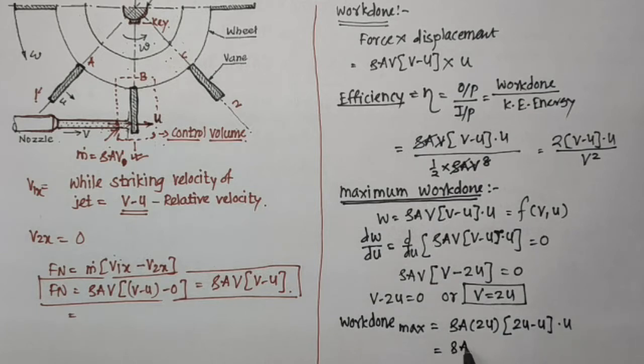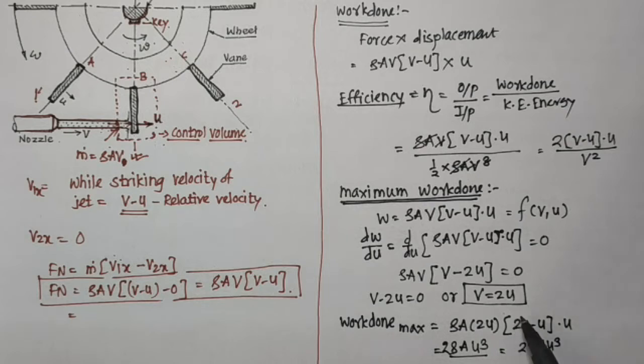So rho a, 2u minus u is u, into u, so u square into u is basically u cube, divided by or into 2. Okay, so we will get 2 rho a u cube as the maximum work output.